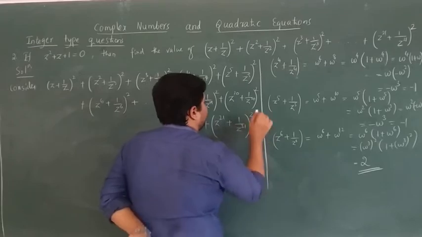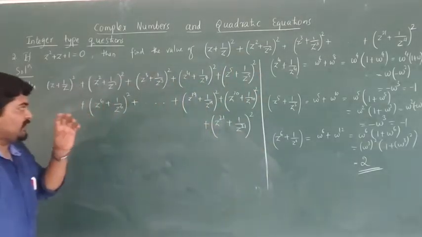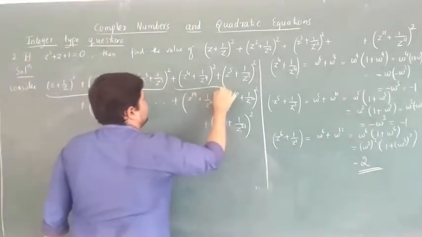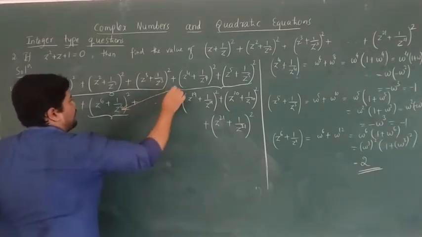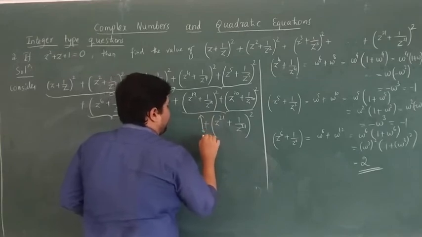I have explicitly written the given expression in the form of groups of 3 terms. That is, these 3 are clubbed, these 3 are clubbed, and here also these 3 are clubbed. I hope you can easily understand these things.